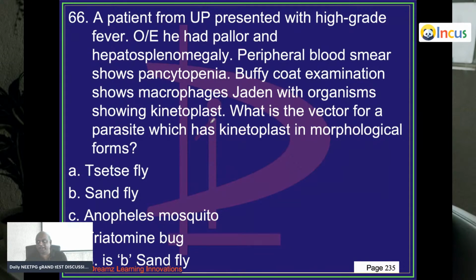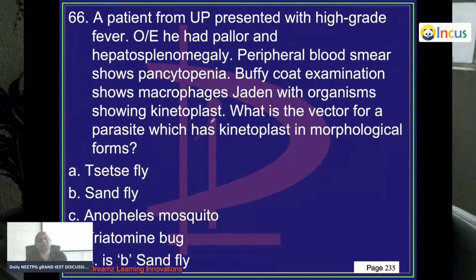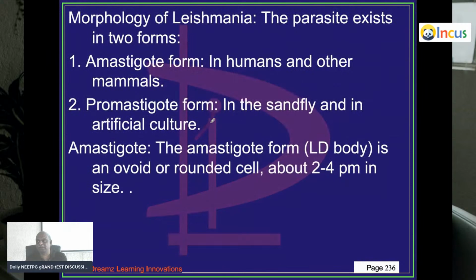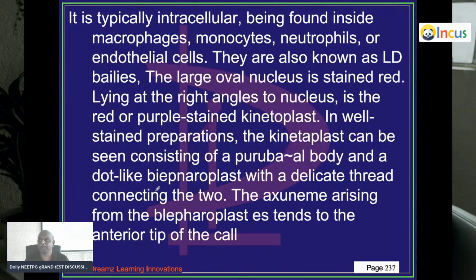Macrophages laden with kinetoplasts in the buffy coat. Leishmania. Sandfly. Right? Sandfly. There are 2 forms, amastigote, promastigote. Amastigote is in humans. Promastigote is in the sandfly. Amastigote form, LD body, is typically seen in leishmaniasis.